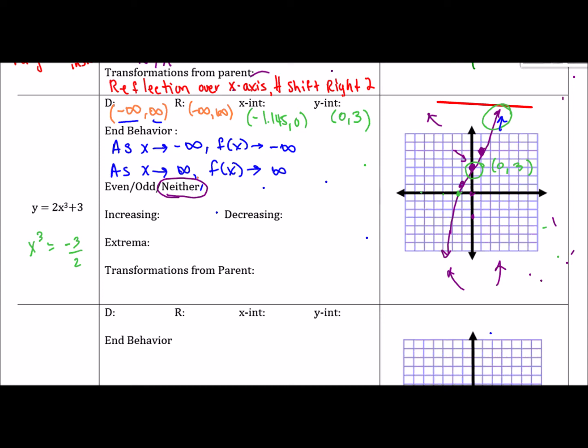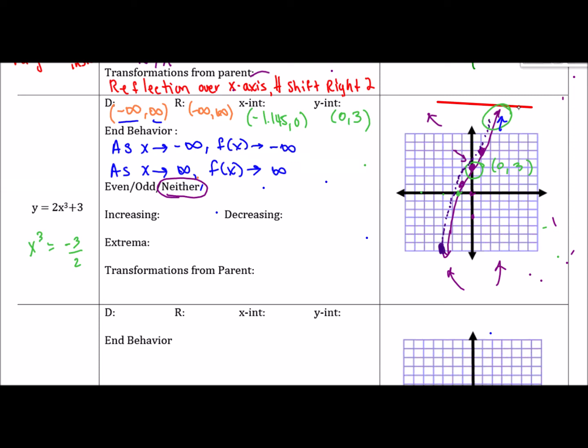All right, increasing and decreasing. Looking at the graph, starting at the far left point, the domain says we can start at negative infinity and write our little choo-choo. We're going along, and we're going uphill, right? Keep going, keep going, keep going. The graph might look like it flattens out there, but it actually doesn't. It's just slowly increasing.